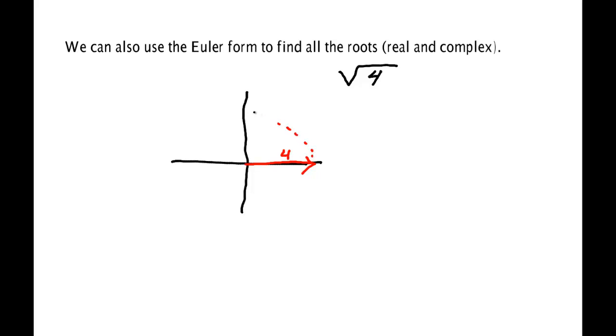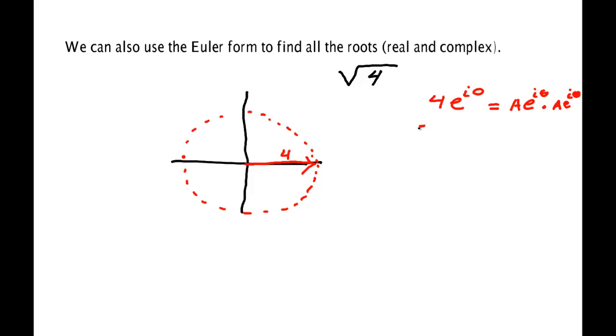You can think of it as tracing out a circle whose length is 4. And what this is saying is that 4 e to the I 0 is equal to some number a e to the I some angle, times a e to the I some angle.